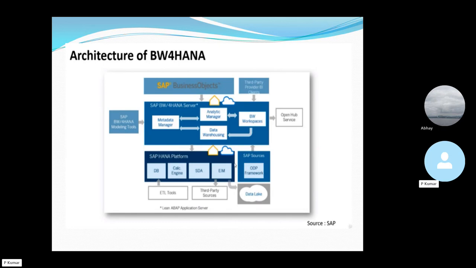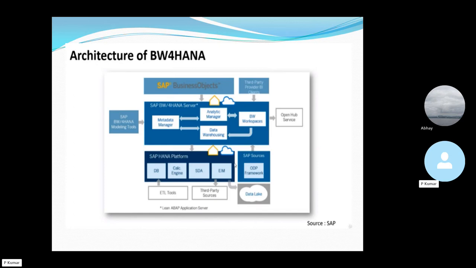If you're talking about reporting tools, SAP has various reporting tools. We have BO, SAC, BEx Analyzer, BEx Designer, even Power BI. Many tools are available, but SAP has given inbuilt tools like Designer and Analyzer. These are the inbuilt tools with BW 4 HANA. If you have installed BW 4 HANA, you can access BEx Analyzer and BEx Designer.